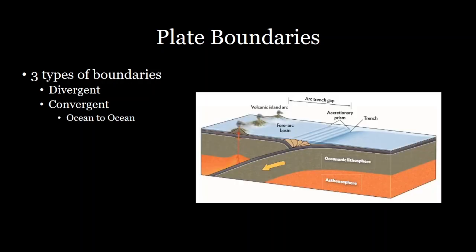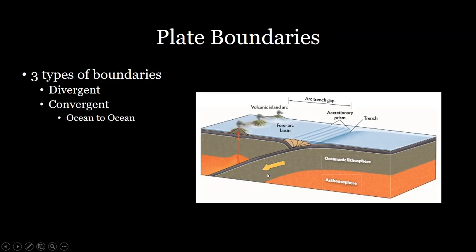And so for ocean to ocean convergent boundaries, you have one plate that sinks below the other plate, and you can have an accretion prism or wedge develop as some of that material gets scraped onto the other plate. And then you have a trench also developing as that plate sinks down and drags that material down with it.